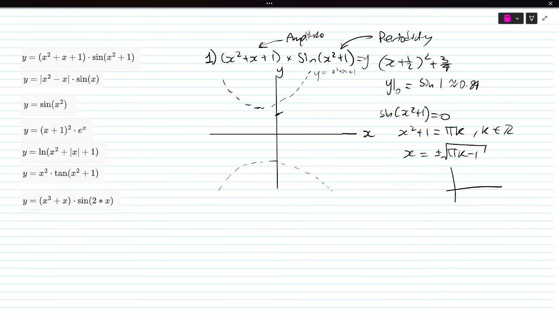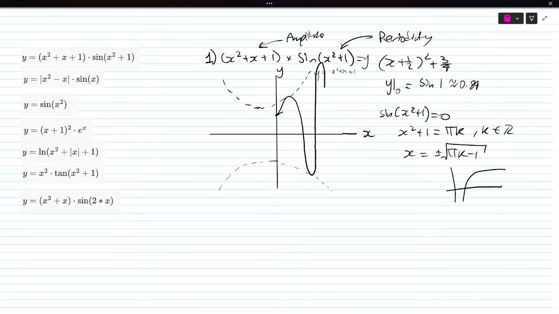And you can see that the square root graph looks like this, and it increases at a decreasing rate. So the roots will get closer and closer together. So my graph will look something like this. I'm going to try my best to draw it well.